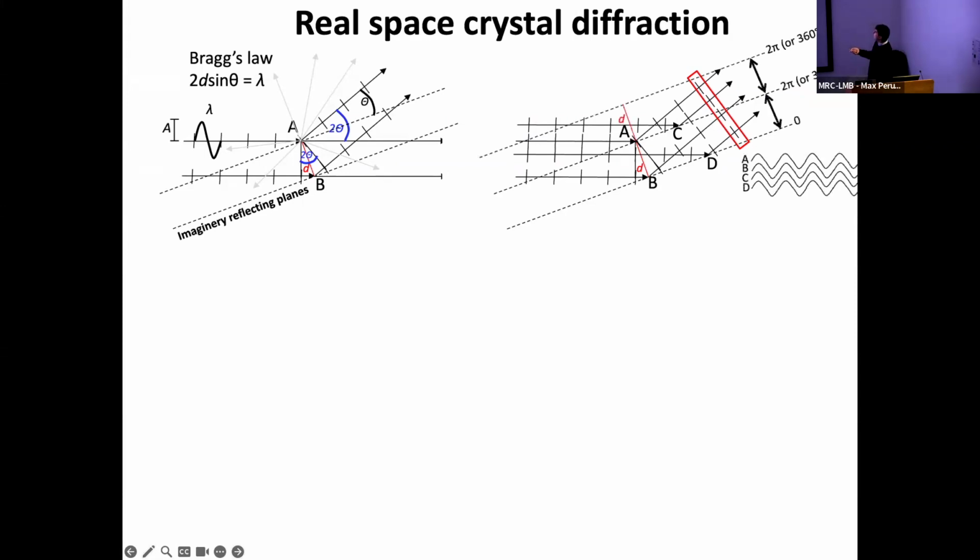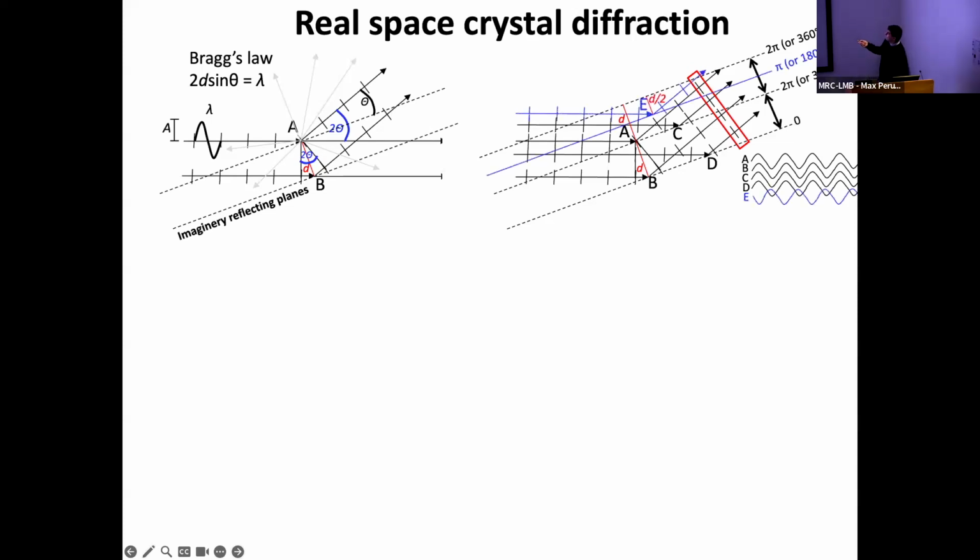Of course, they scatter as well. But if you notice here, for this one to be in phase, it went from one wavelength, there's an extra wavelength, okay. So we went from 0 to 360 degrees or 2 pi in radians, which means back to 0, and back to 0 again. That's why everything on the plane is always in phase, because they go a full cycle and go back to 0, okay.